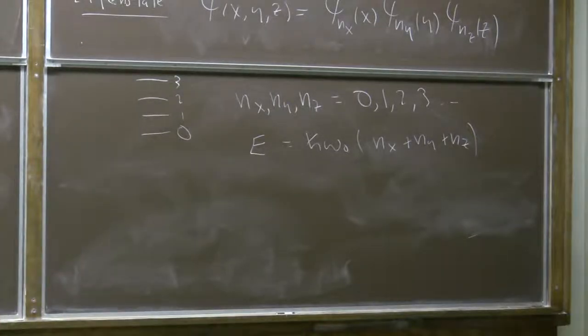So now, if we do have a condensate, arguing as before, we have a huge number of particles in the ground orbital. And so the chemical potential will have to be essentially 0, the activity essentially 1.